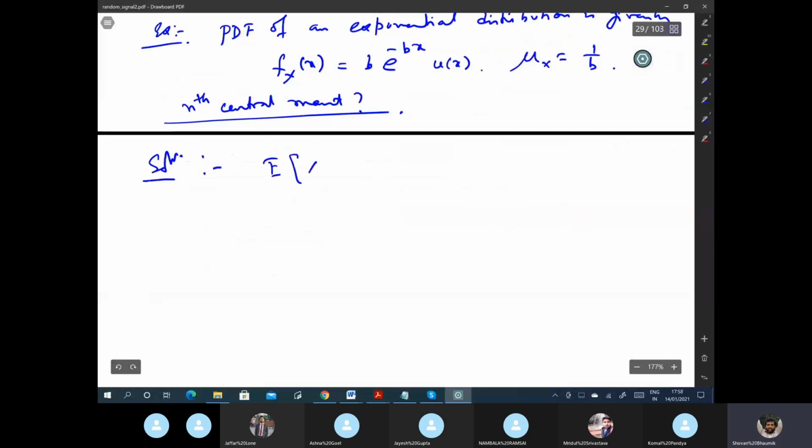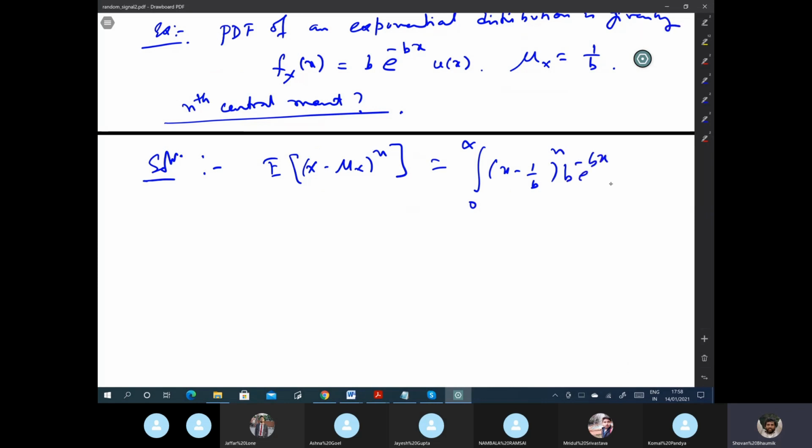E of (x minus mu x) to the power n will be equal to the integral from 0 to infinity of (x minus 1 by b) to the power n, then fX, b e to the power minus bx, u(x) we don't write because of the limits we are taking, dx.